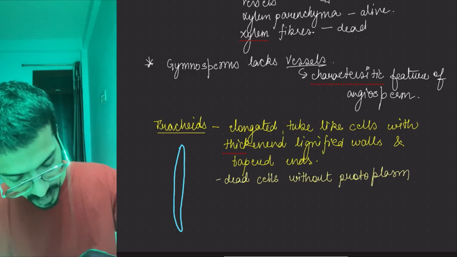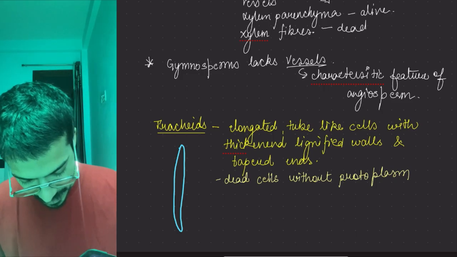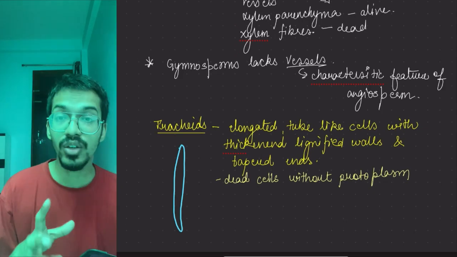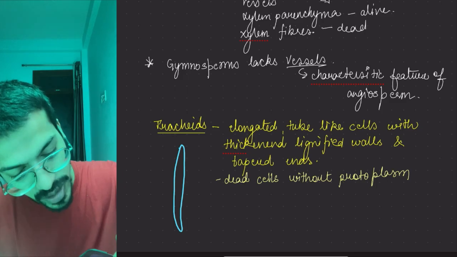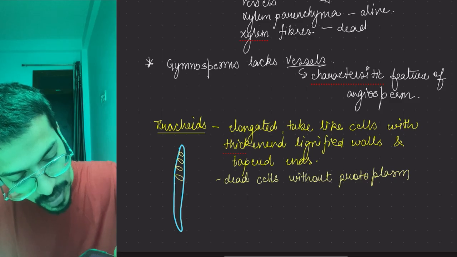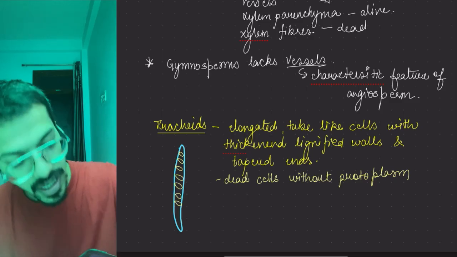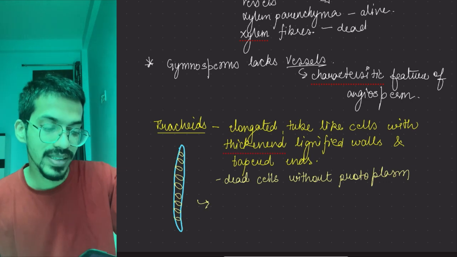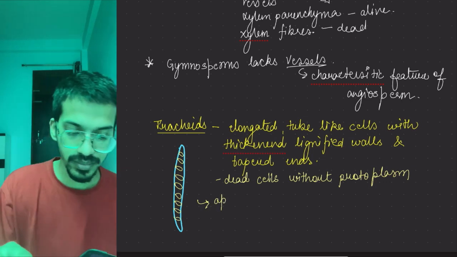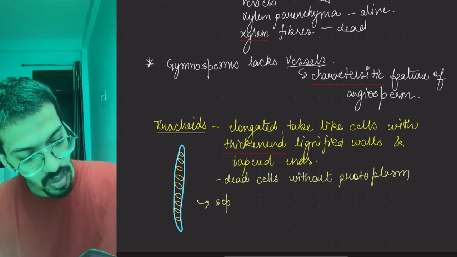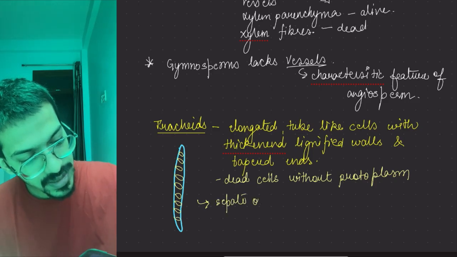Then the inner cell walls have a thickening with varying forms, for example annulated, meaning ring-like structures are present inside. It can appear like septa, so these inside could be septate or aseptate.